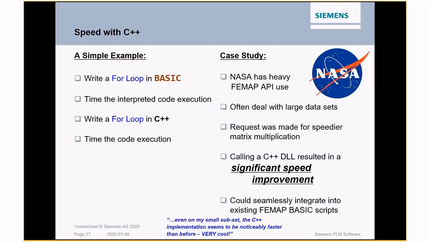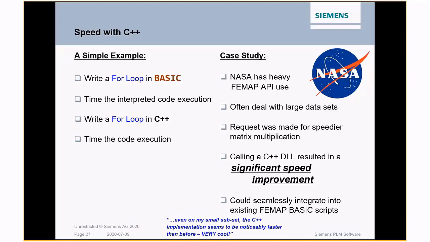This is a specific example, but it's a really useful thing for people who have existing scripts but know that they want to squeeze out more speed, or know that they have a limitation in looping over a large data set, or in performing matrix multiplication, or processing strings, or something that could take a long time, especially with the overhead of the interpreted languages.